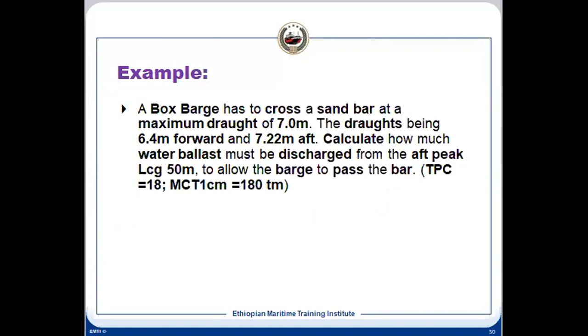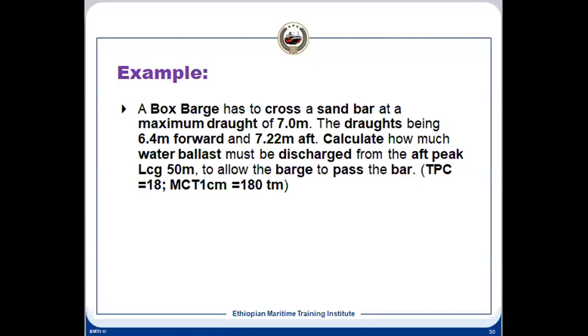So next one, this is one of the numericals of removing mass from the ship. Now what is this numerical saying? That there is a sandbar. What is a sandbar? It means on the seabed there is a sandbar, where the water depth is less because there is sand accumulation.